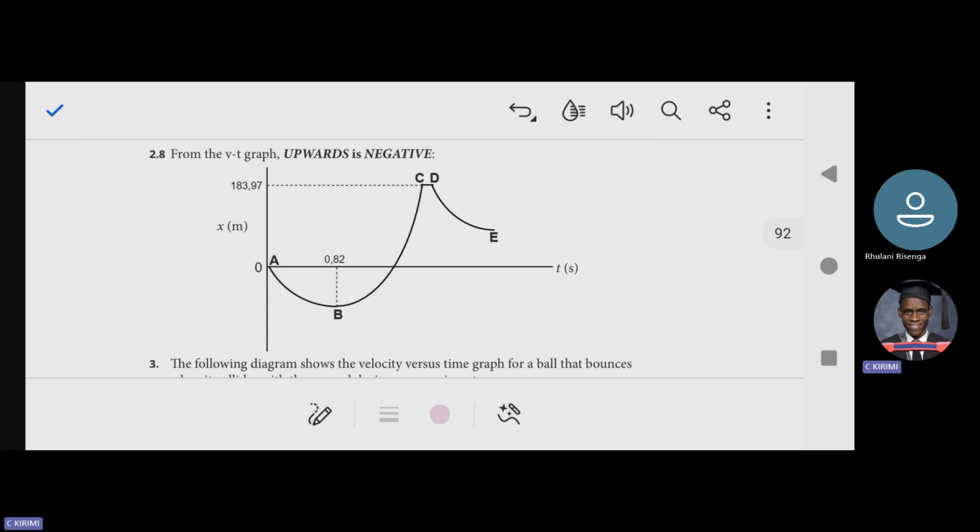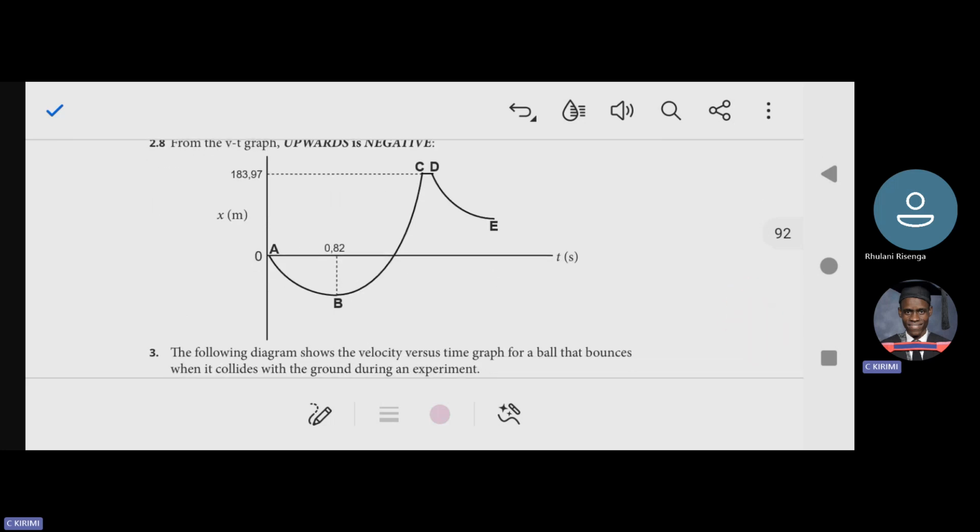If upwards was positive, the ball would be starting here, from zero. This ball starts from the reference point, which is at the origin, goes up, comes back to the origin, then it bounces, it is in contact, then it goes to a certain height, which is E.